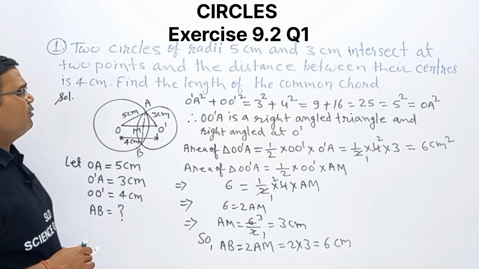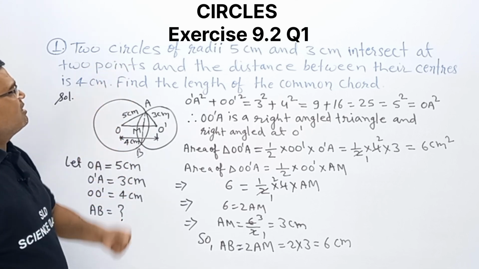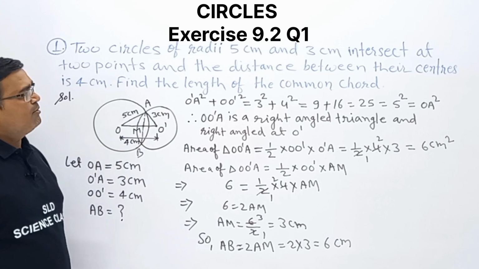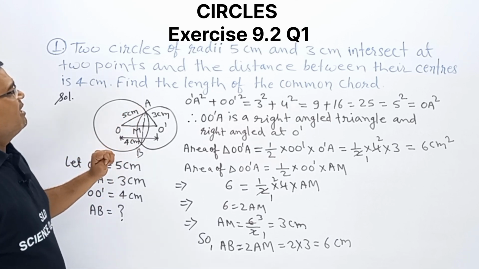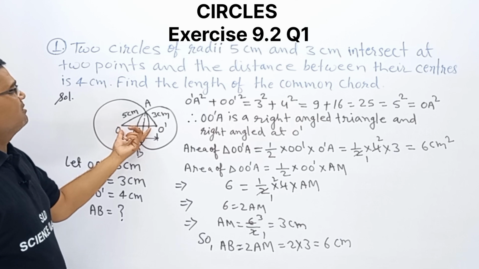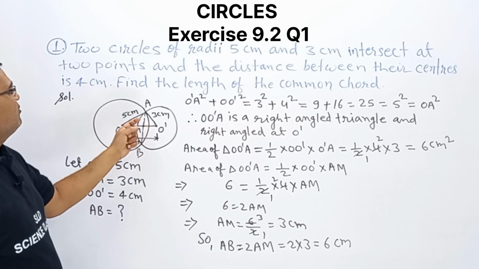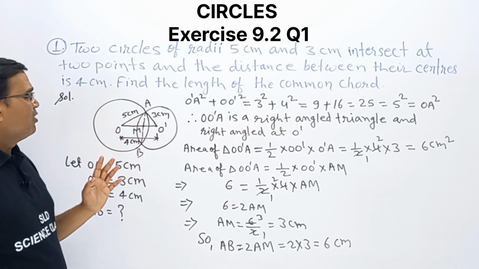Observe again what we are doing in this question. We are having two circles of radius 5 centimeter and 3 centimeter intersecting at 2 points A and B, and the distance between their centers is 4 centimeter. We want to find the length of common chord AB.